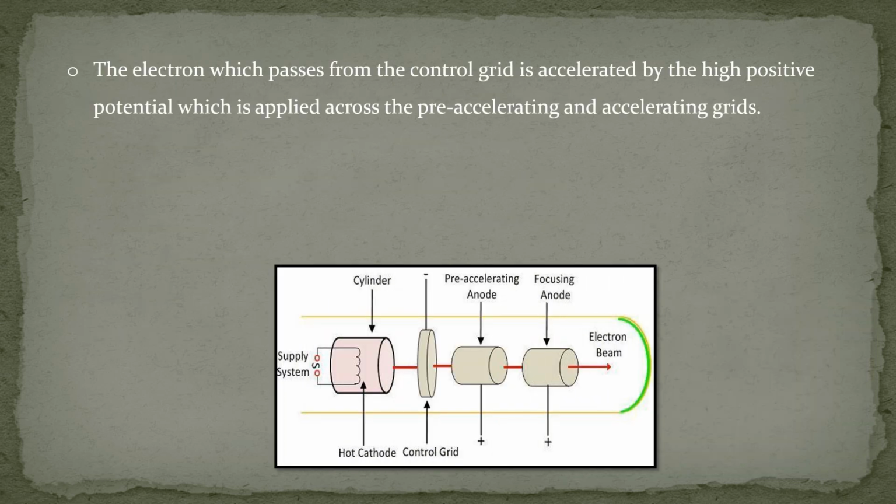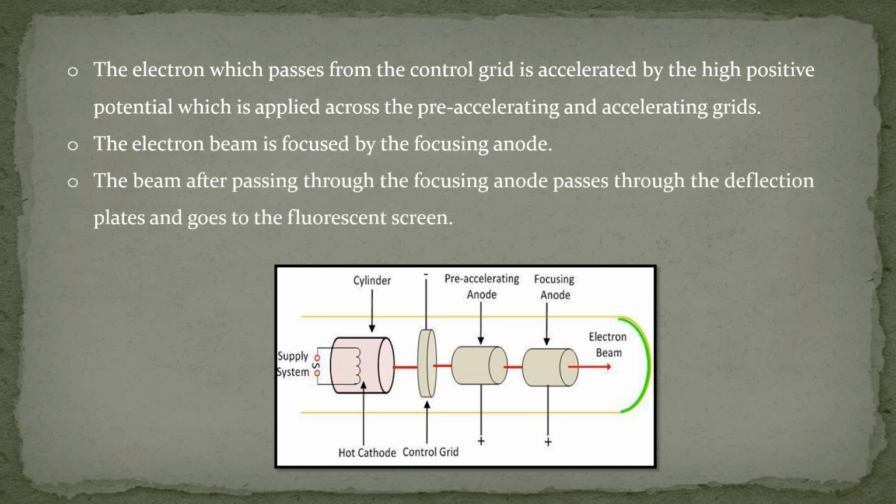The electrons which pass through the control grid are accelerated by the high positive potential applied across the pre-accelerating and accelerating anodes. The electron beam is focused by the focusing anode.